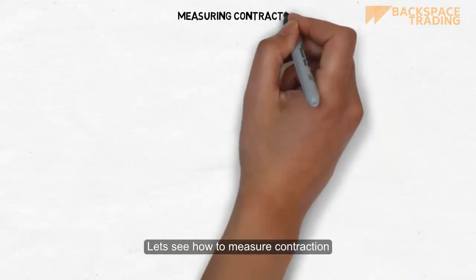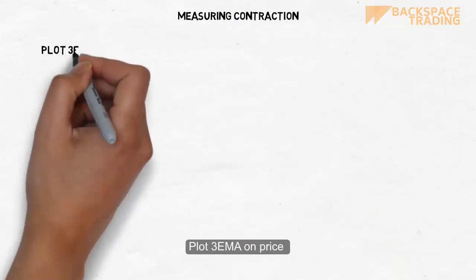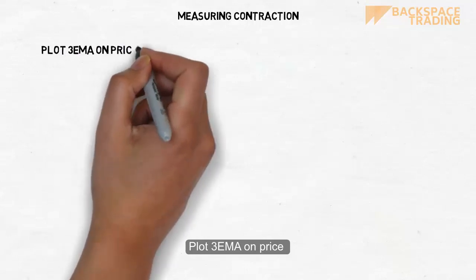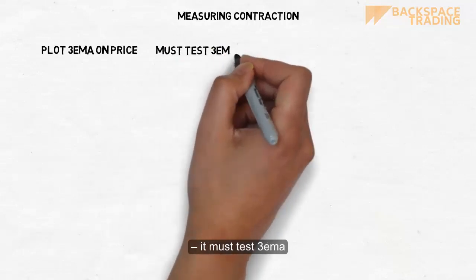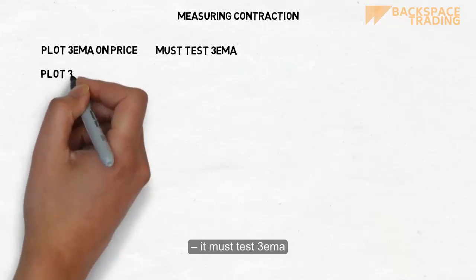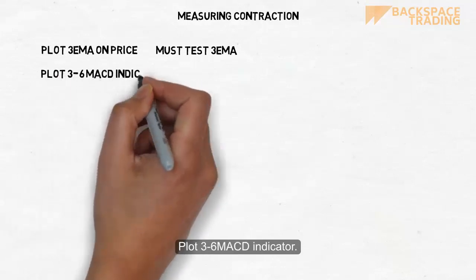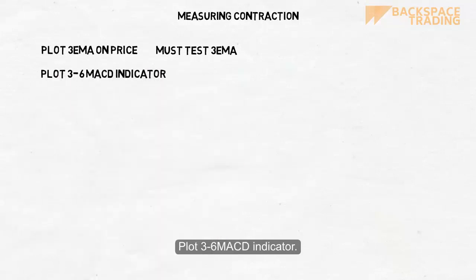Let's see how to measure contraction. Now plot the 3 exponential moving average. Of course, the price has to move through the 3 moving average. Plot the 3-6 MACD indicator, we will see that on chart.